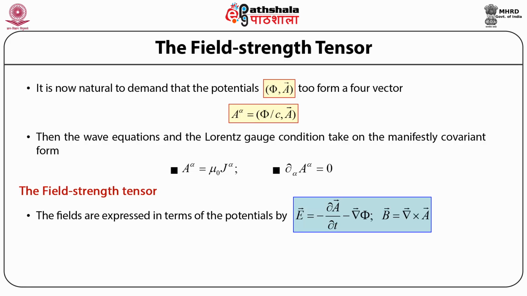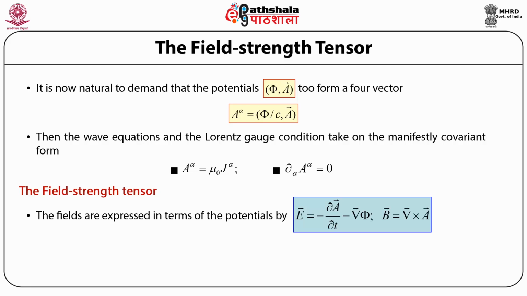So in order to understand how this field-strength tensor is going to represent the electric field and the magnetic field induction vector, let us first look at the last 2 of Maxwell's equations, that is Faraday's law of electromagnetic induction and Ampere's circuital law. Looking at these 2 equations, we can write down the electric field and the magnetic field induction vector in terms of the scalar and the vector potential.